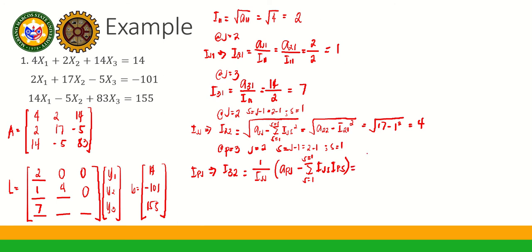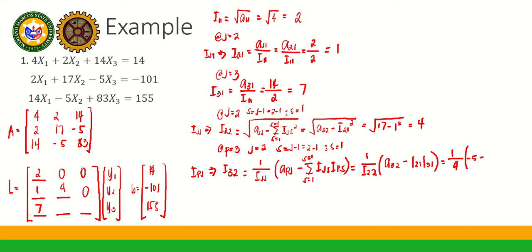And again, since the limit is 1 to 1, we don't need to do a summation. So, this is equal to 1 over, what is our J? So, 2. So, this is I22 multiplied by APJ. So, that will be equal to A32 minus IJS, that will be I21 multiplied by IPS, I31. So, what is our I22? That is equal to 4. Solved earlier. So, 1/4 times A32. From the augmented matrix, A32 will be negative 5.